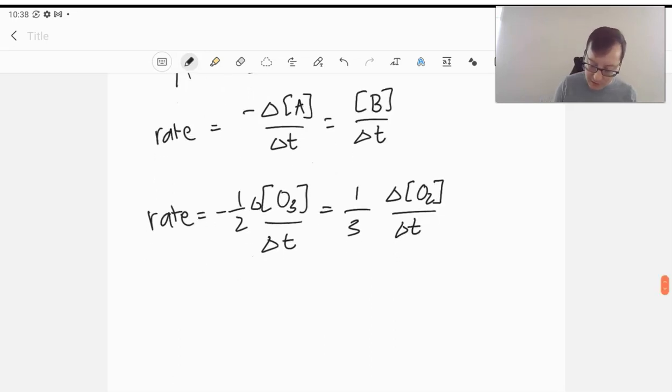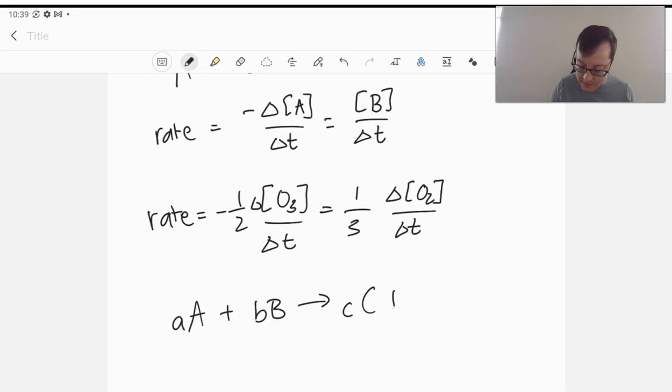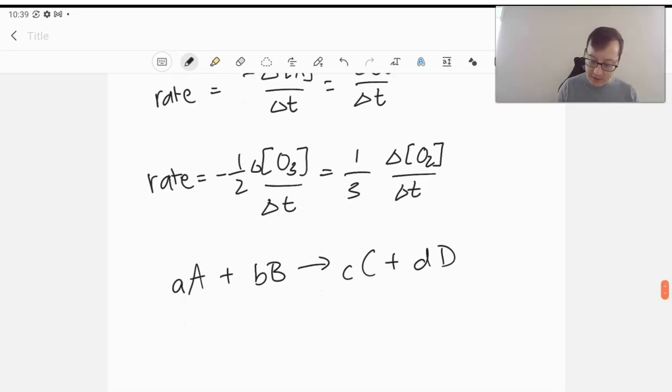And we can kind of generalize this to the following. If we now have several different components in our reaction, the rate of this reaction will always be negative for our reactants.